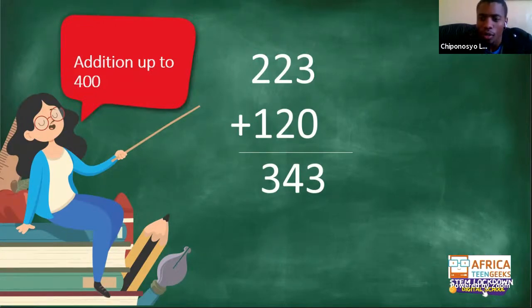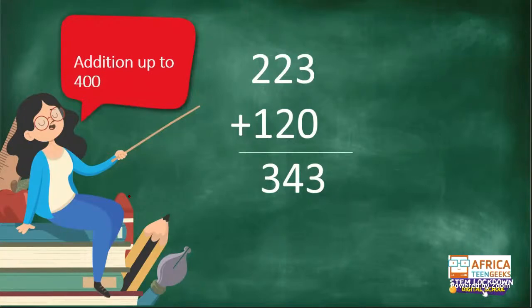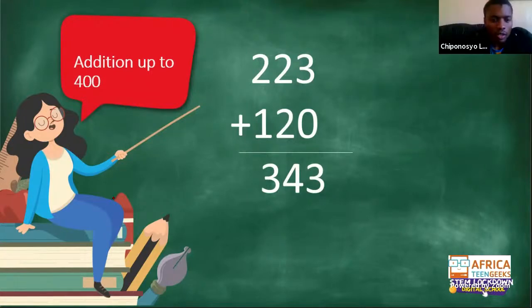So what our dear friend did was say, okay, we've got hundreds here, we've got tens here, and we've got units. So all he did was add the hundreds with the hundreds. Or let me start at the back. It's the units plus the units, so it's 3 plus 0. And then the tens with the tens, so it's 20 plus 20 again.